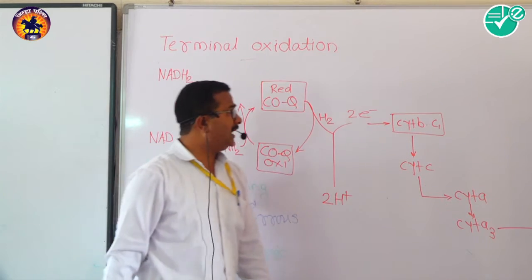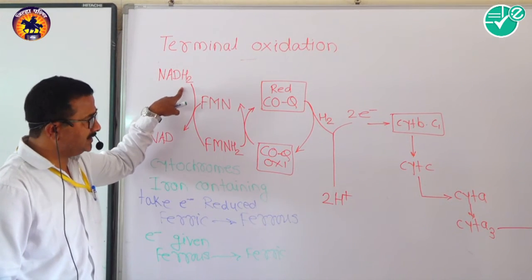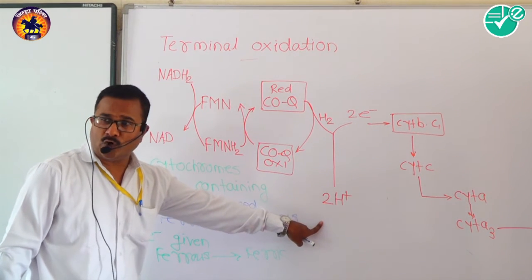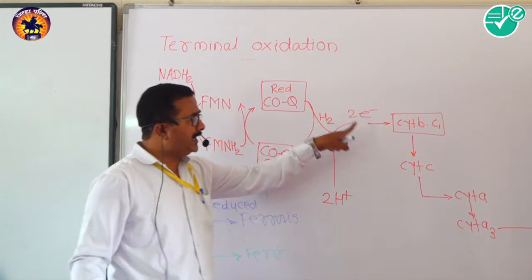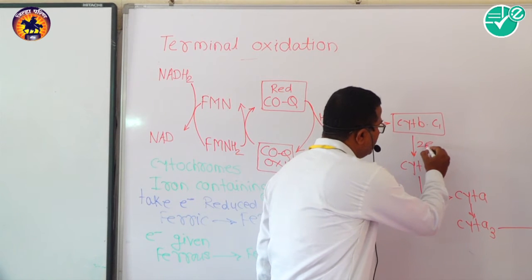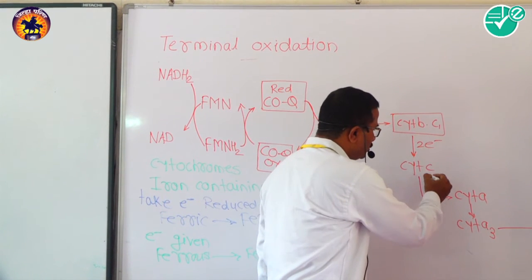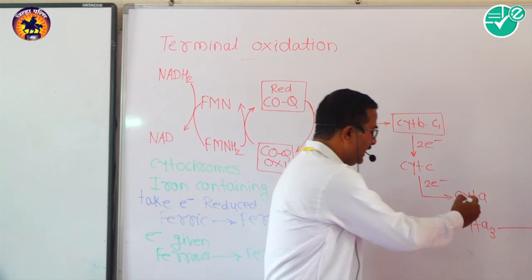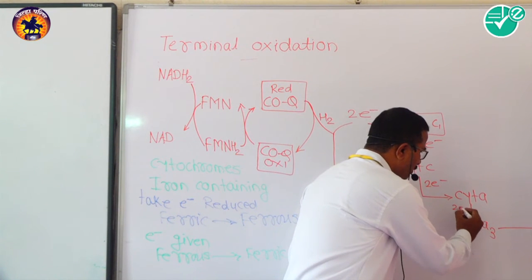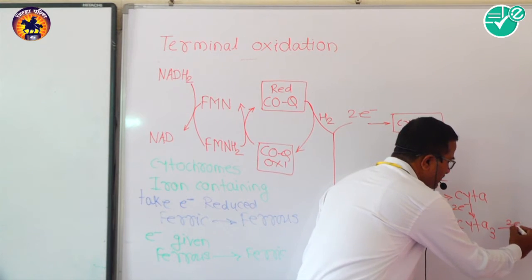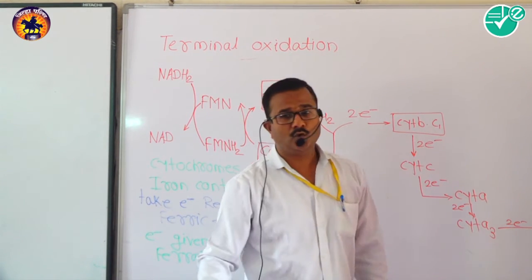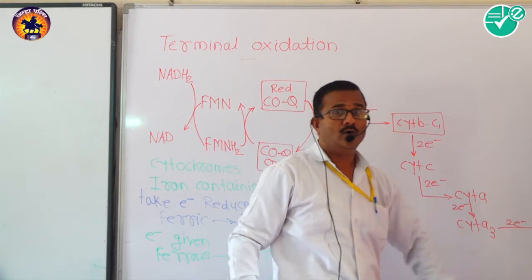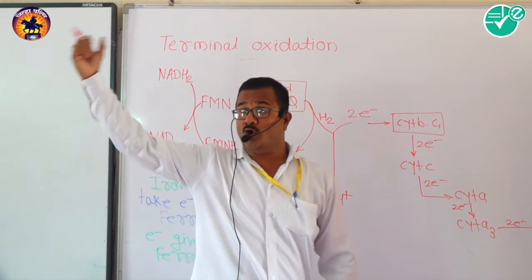As the two hydrogens are released, two protons are formed, and two electrons are moved from cytochrome BC1 complex to the cytochrome C, towards the cytochrome A, cytochrome A to cytochrome A3, and then from cytochrome A3 the electrons are finally accepted by the atmospheric oxygen.